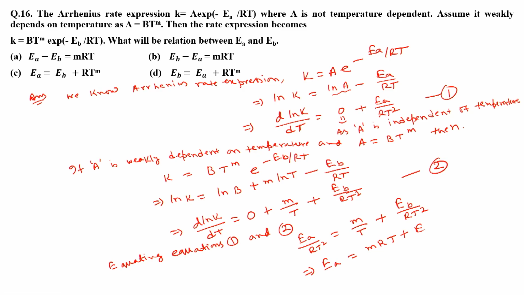Okay, so we get Ea minus EB is AMRT. So option A is correct. This is also a nice problem.